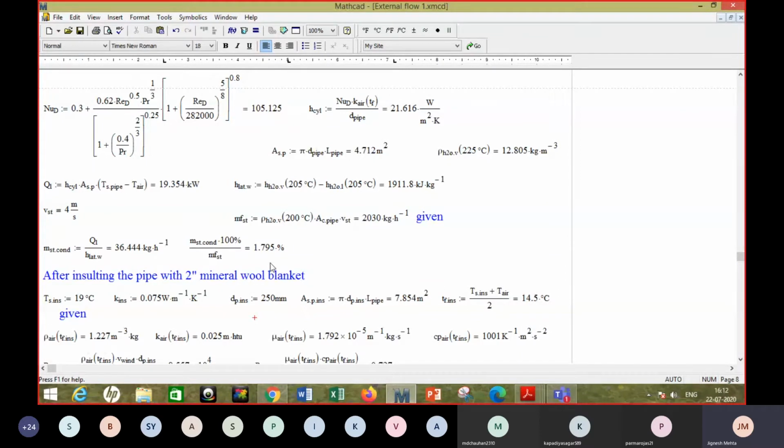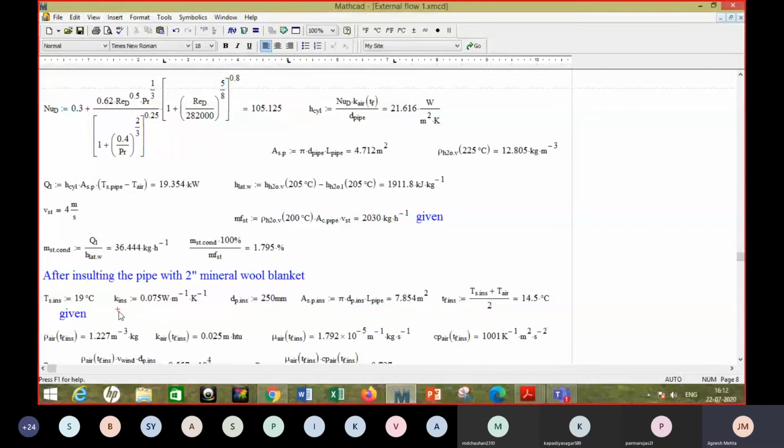And this mineral wool blanket, let's say, has thermal conductivity of 0.075 watt per meter Kelvin, and it has been given that now the surface temperature, which was 200 degrees Celsius earlier, reduces to 19 degrees Celsius, right?